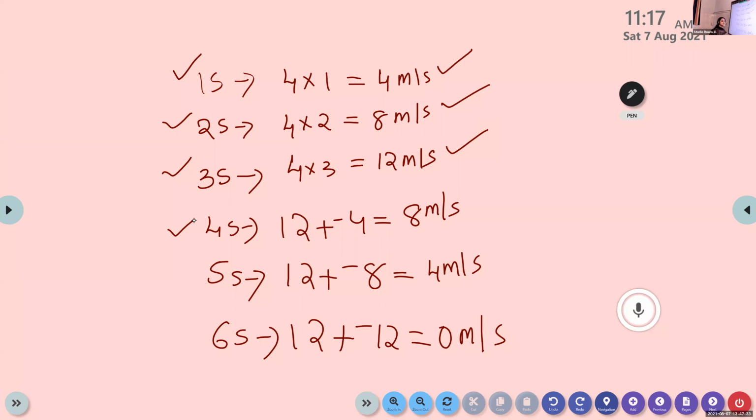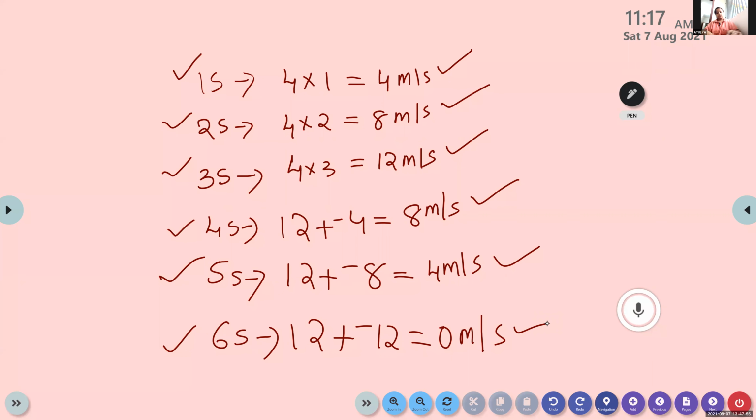What about 4 seconds? 8 meter per second. Velocity at 5 seconds? 4 meter per second. And at 6 seconds? 0 meter per second.